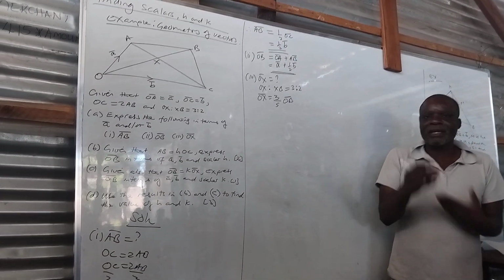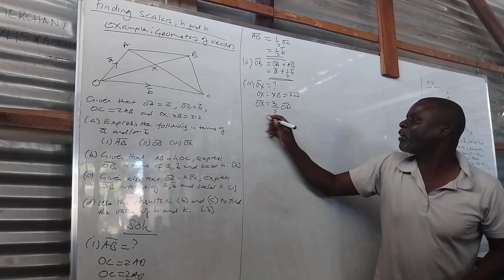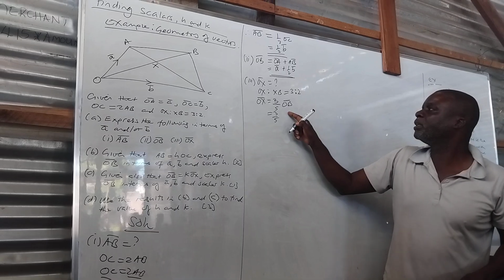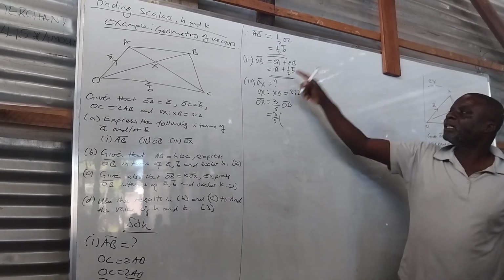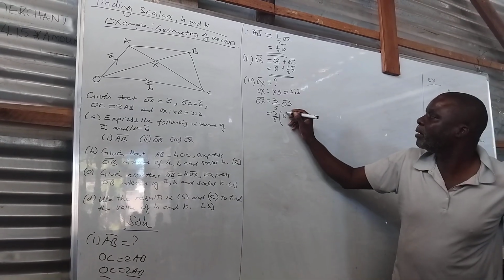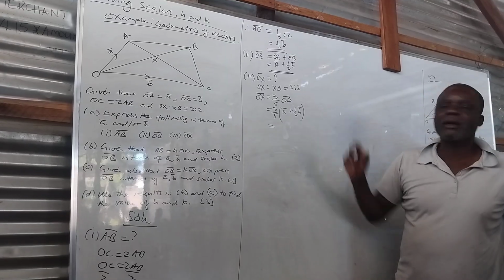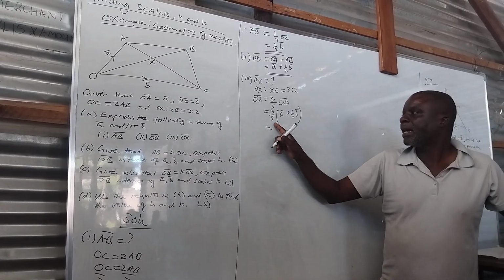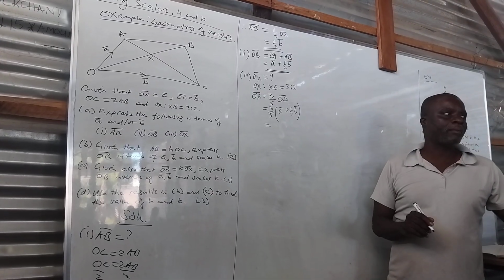We form an equation from the ratio: OX is 3 over 5 of OB. You put a bracket and write down A plus half B, then multiply everything by 3 over 5.